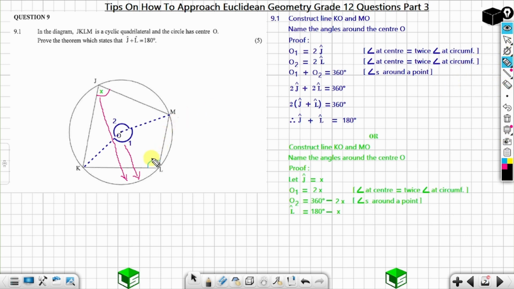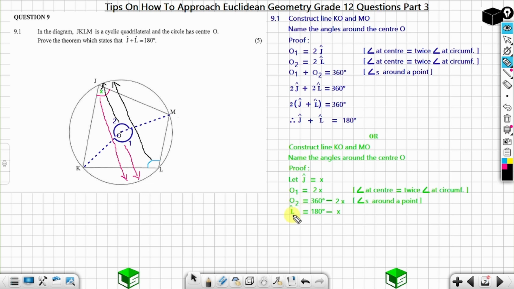Angle L is subtended by this arc, and angle O2 is also subtended by the same arc KM. So this angle O2 is twice the angle L. When you have O2, to get angle L you divide O2 by 2.